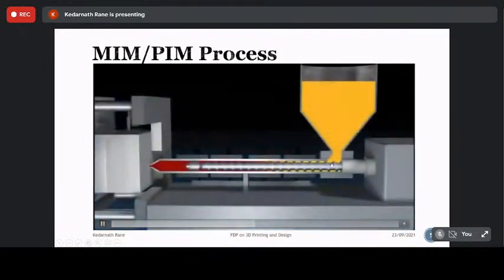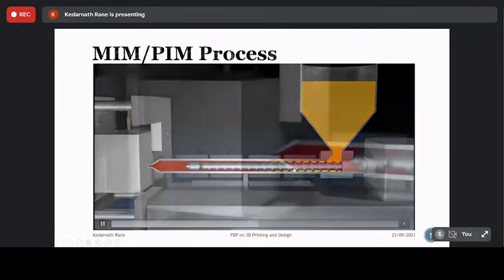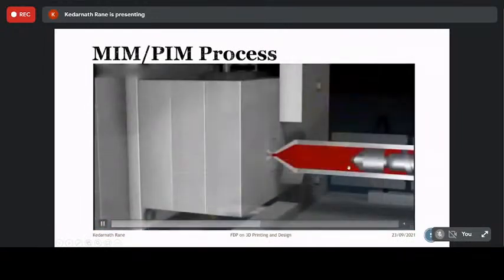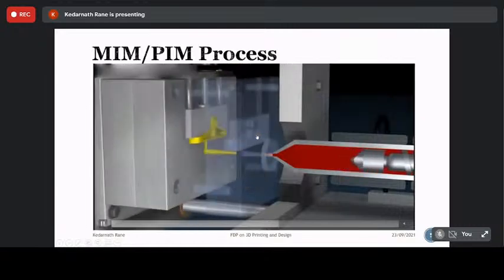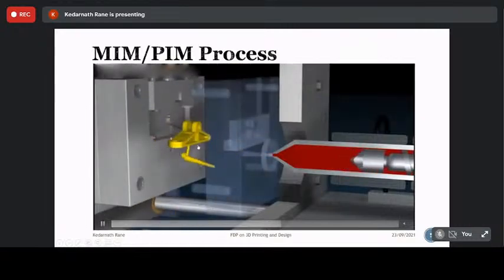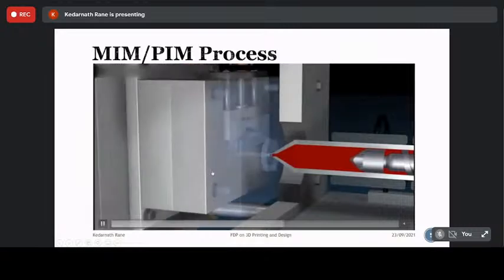It is melted in a stage-wise manner, and you feed it into the cavity. The material is injected into the cavity, you can see it is fully injected, and there is cooling happening. Once it is solidified, you can move the part out.